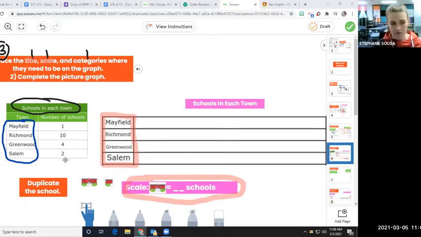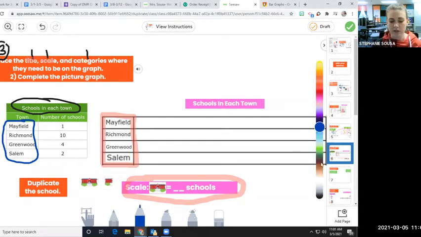Most of these are even numbers, 2, 4, and 10. 1 is an odd number, but if we go with Levin's idea of counting by 2s, if I split 2 in half, I've got 1 and 1. So that makes sense for a half of a picture. So I think a scale of 2 is a great idea. Let's go with it. Let's set up the scale. One picture of the school is going to represent 2 schools.